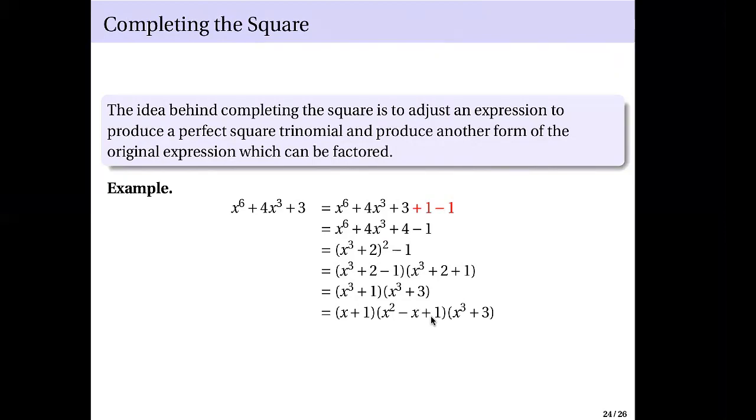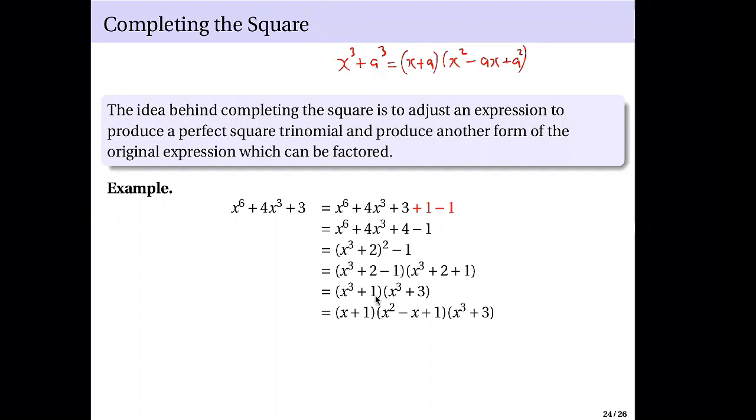If you have x cubed plus a cubed, this is equal to x plus a times x squared minus ax plus a squared.